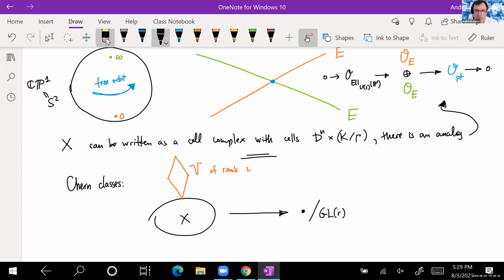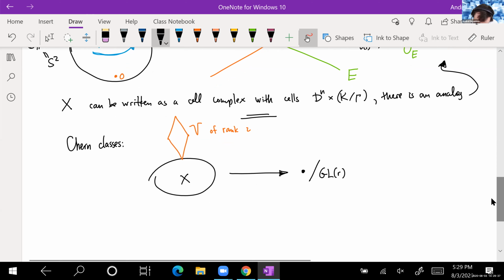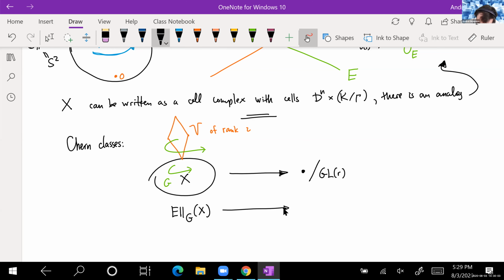It depends. This means I should have a map from X, whatever, a G-equivariant vector bundle. So maybe there was some group G acting on my vector bundle V. And then I do have a map from G X going to, now this is the elliptic homology of a quotient, well, a quotient stack.